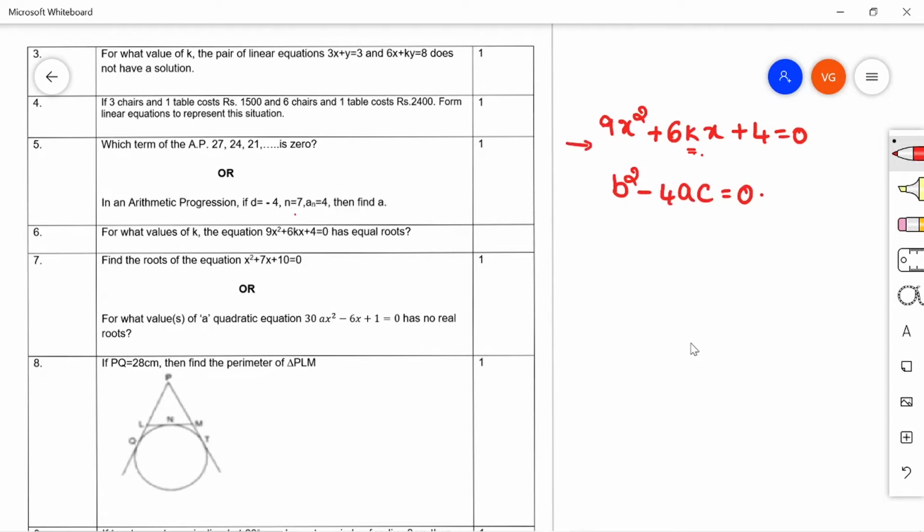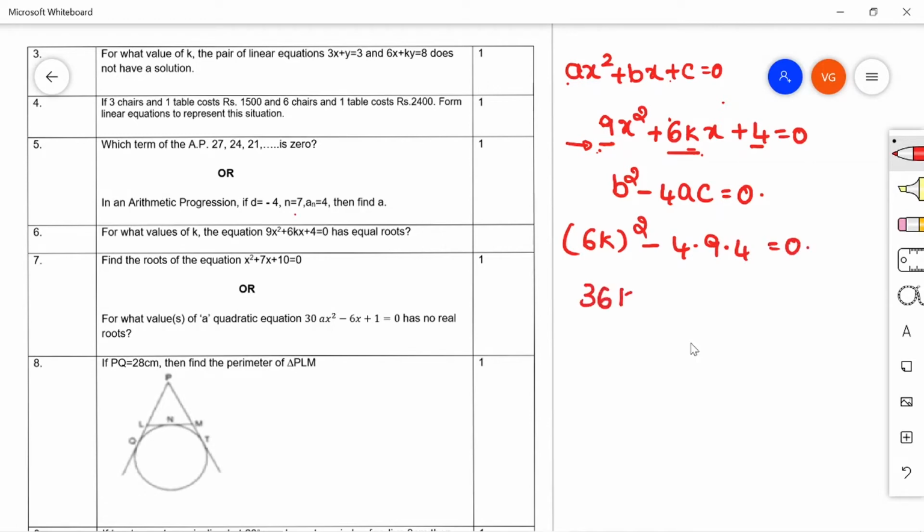Upon comparing the given quadratic equation with the standard form ax square plus bx plus c is equal to 0, you can get the values of a, b and c. Here b is 6k, a is 9 and c is equal to 4. So substitute: 6k whole square minus 4 into 9 into 4 is equal to 0.